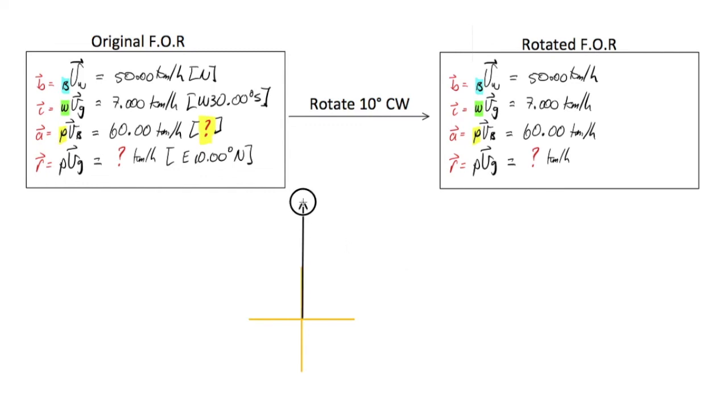So here is my original vector B, which is pointing north. Now, clockwise is in this direction. So if I rotate clockwise by 10 degrees, this angle in here is now 10 degrees. So our new direction for this vector is going to be north 10 degrees east.